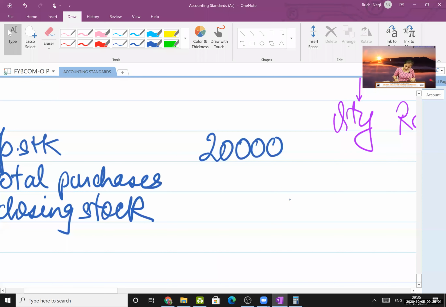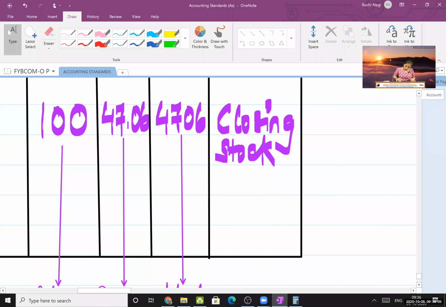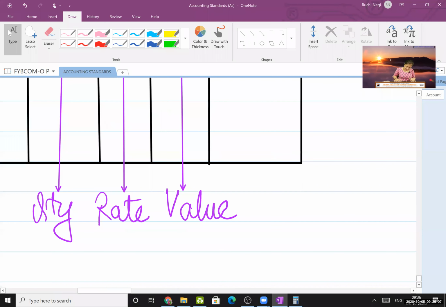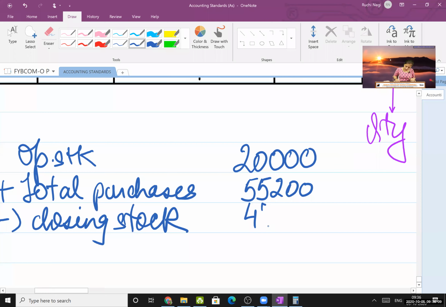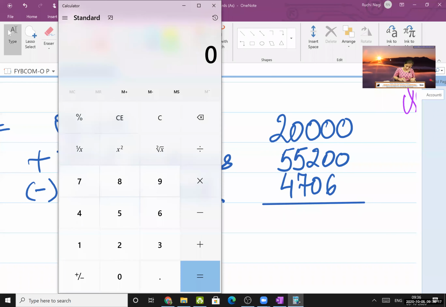So you can copy the same thing. 55,200. Opening stock also you can copy from FIFO. 4706 is my closing stock. 4706. Okay. So 20,000 plus 55,200 minus 4706.